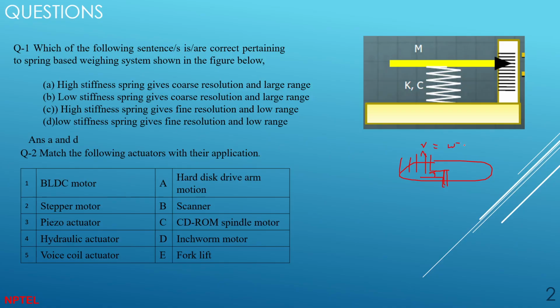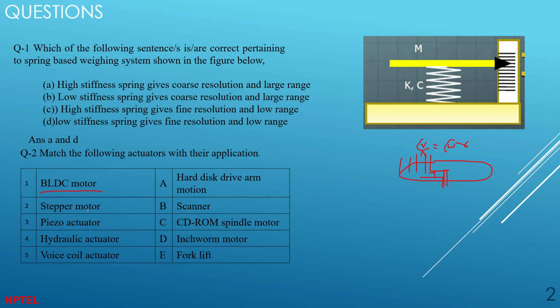So V equals omega R. So V has to remain equal. This is how the velocity remains the same, not omega. Omega can vary and R can vary, but velocity needs to remain the same. That's what matters. So this can only be done by this BLDC motor. These are high power, kind of intelligent motors. So the answer for option A will be C.